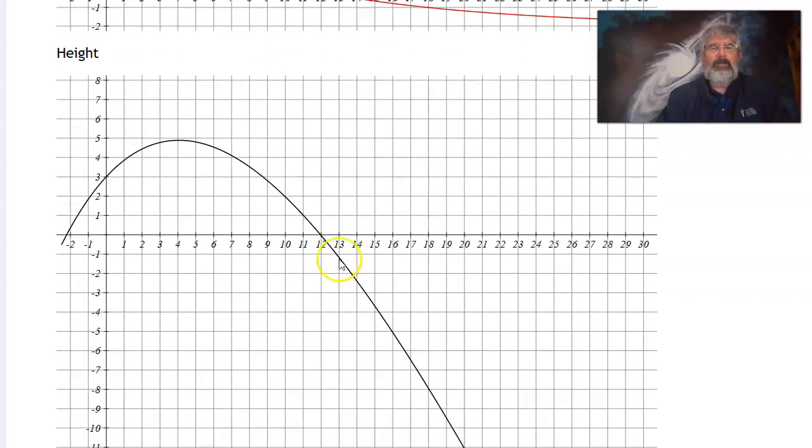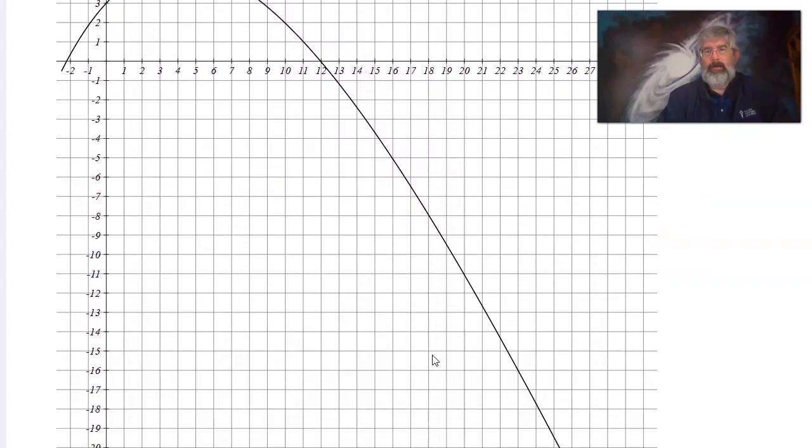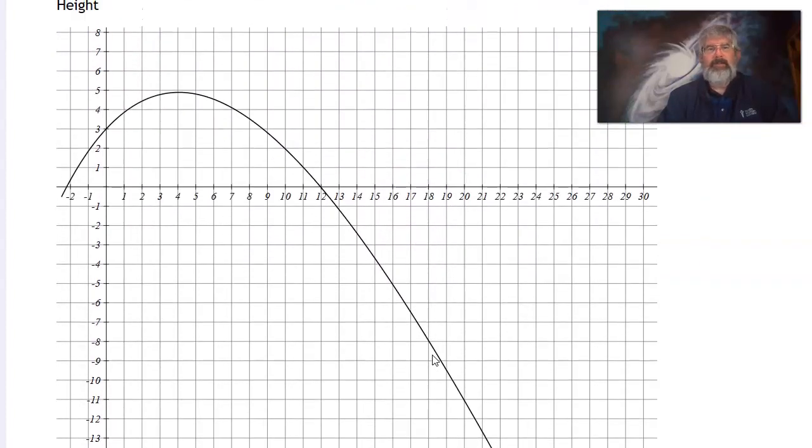So eventually this thing just keeps going down and down and down, a downward sloping linear function, or at least it approaches that. It starts off as an upside down decaying exponential and then transitions into a downward linear function.